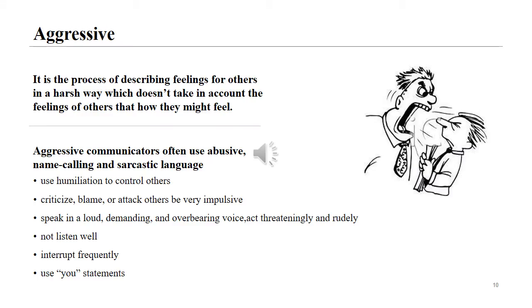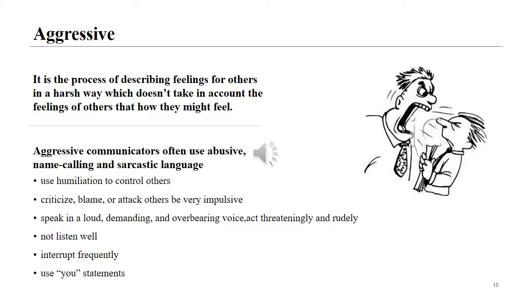Aggressive. It is the process of describing feelings for others in a harsh way which doesn't take into account how others might feel. It means reacting or speaking to someone in a loud or harsh voice without concern for what they feel.